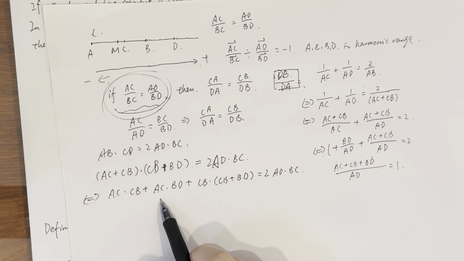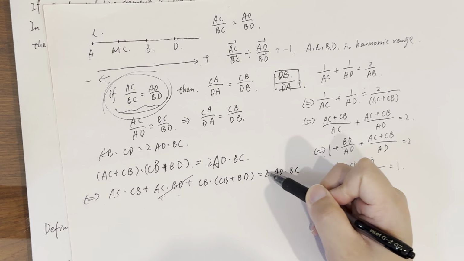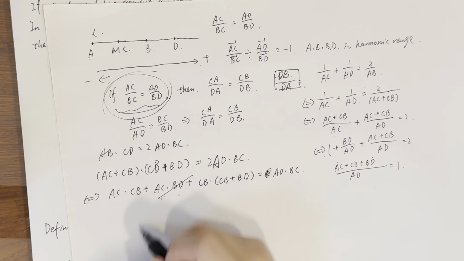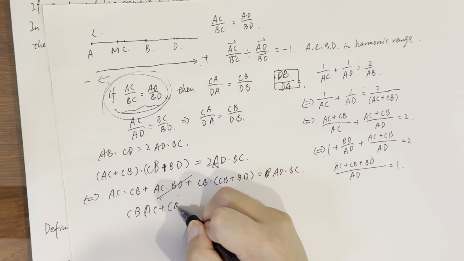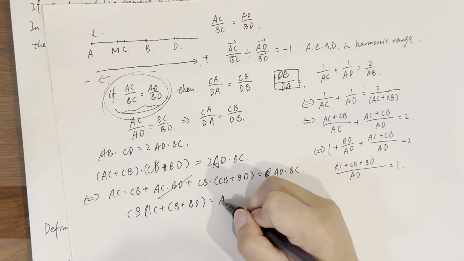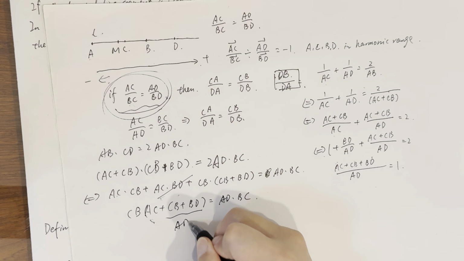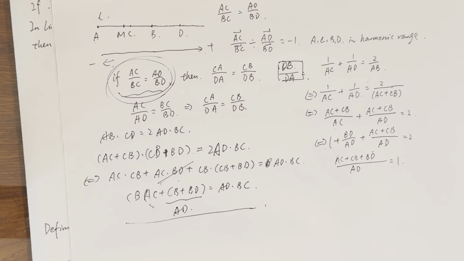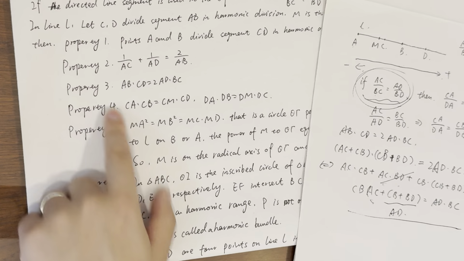We see here AC times BD equals AD times BC, so cancel one of them. Then we basically want to prove that CB times (AC plus CB plus BD) equals AD times BC. And we know this is AD, so this is true. That's for property 3.